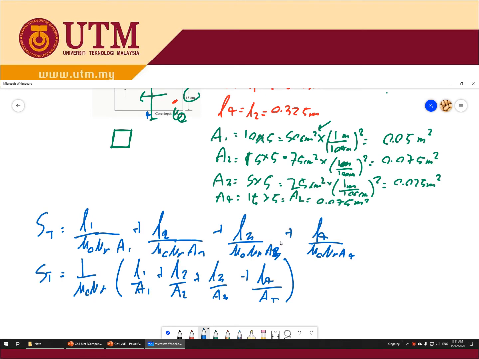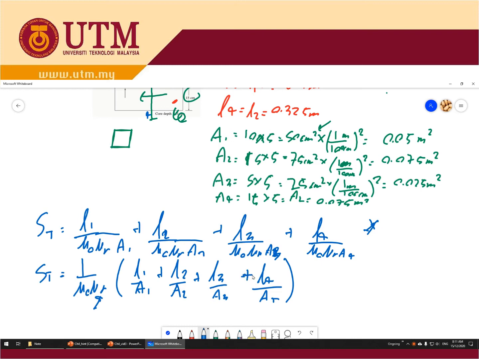Okay, so easier because you have similar values. If you want to insert the first formula, you can also, but there is a possibility that you insert it into your calculator wrongly. Most of the mistakes are done in the calculator when you insert the value.